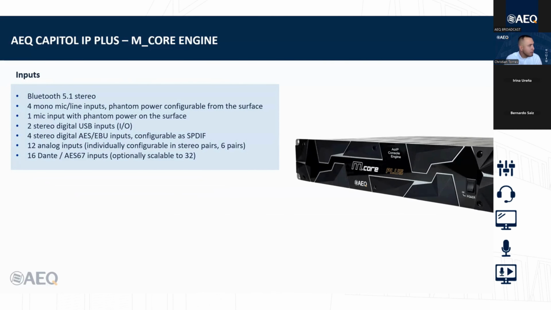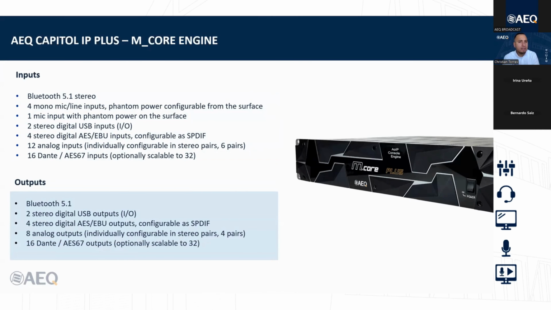It has different inputs: 5.1 Bluetooth stereo for mono line, plus the microphone connection in the surface. Okay, 2 stereo digital inputs, 4 stereo digital AES, 12 analog inputs, and 16 Dante, scalable to 32.